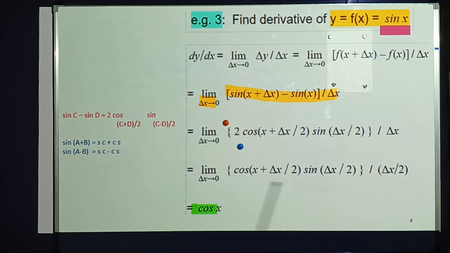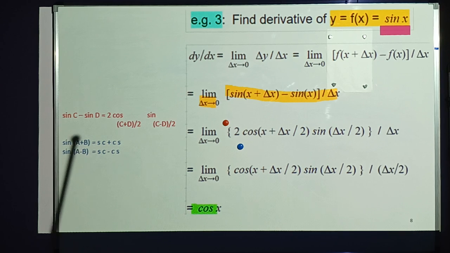So this is what I have done here. Delta y by delta x is sin(x plus delta x) minus sin x by delta x. The sin c minus sin d formula is 2 cos sin, and the angles are (c plus d) by 2 and (c minus d) by 2. This result comes from the sin(a plus b) formula, which is sin a cos b plus cos a sin b, and sin(a minus b) is sin a cos b minus cos a sin b.